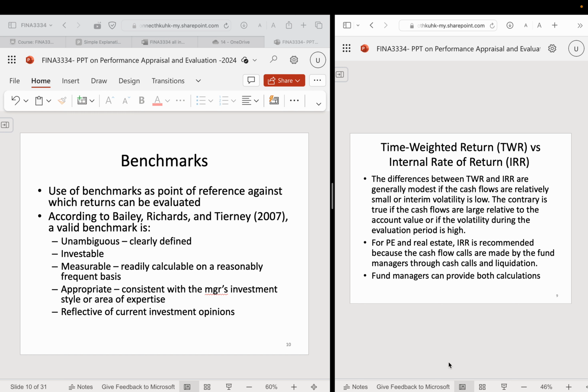For commodities, sometimes we use the Goldman Sachs Global Commodity Index, the GSCI.